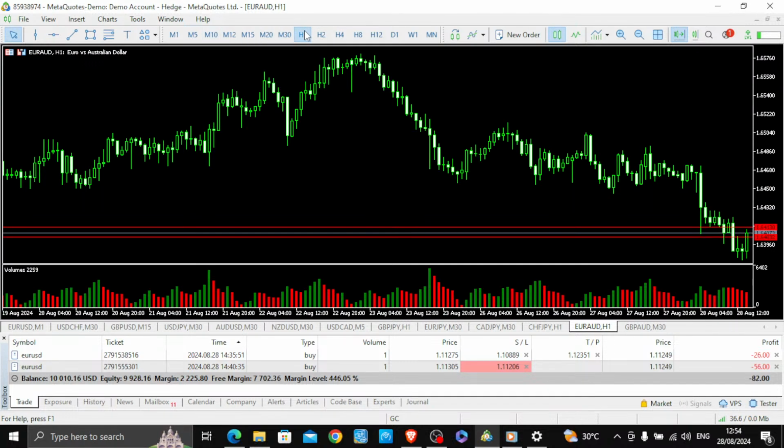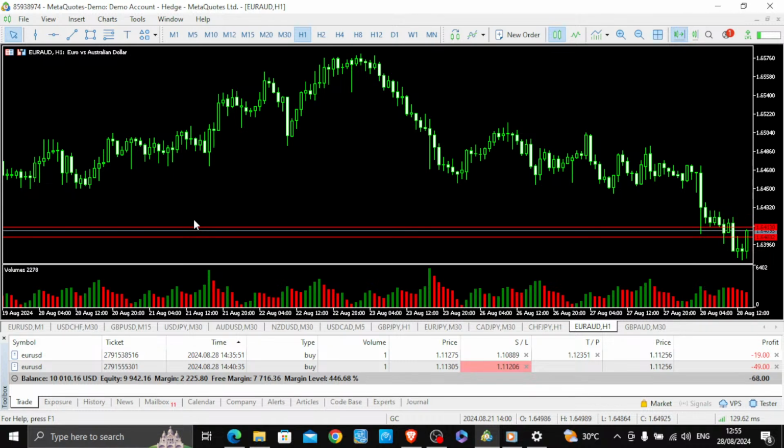Okay, in the next 6 minutes the 1 hour candle will close. It is a waiting game. Meanwhile, we can use the opportunity and mark out our areas.